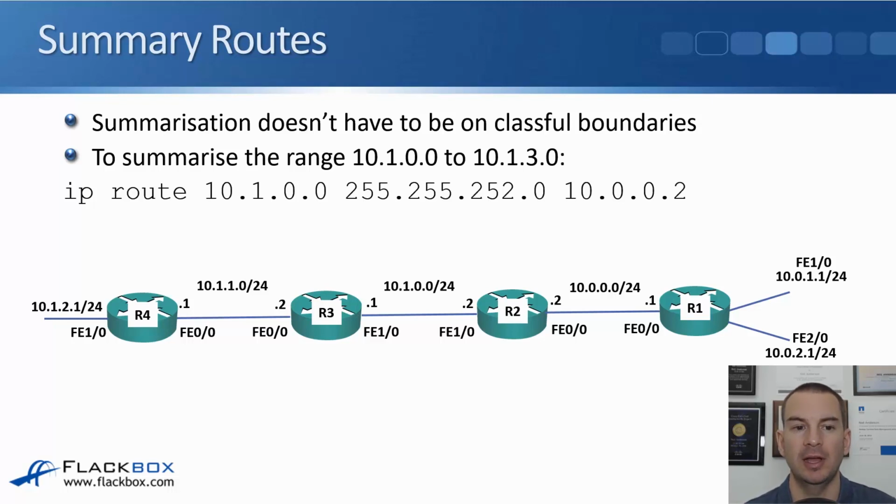So rather than saying IP route 10.1.0.0 and then 255.255.0.0, here I've said IP route 10.1.0.0, and then I've used a subnet mask of 255.255.252.0, and again pointing at R2 at 10.0.0.2.